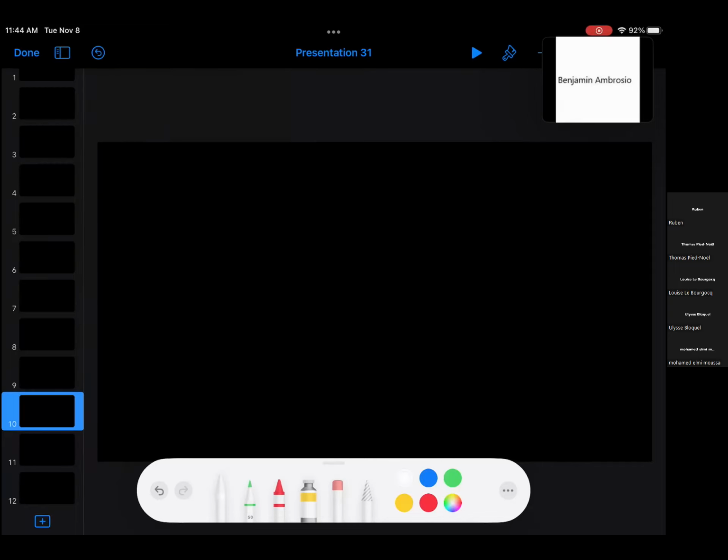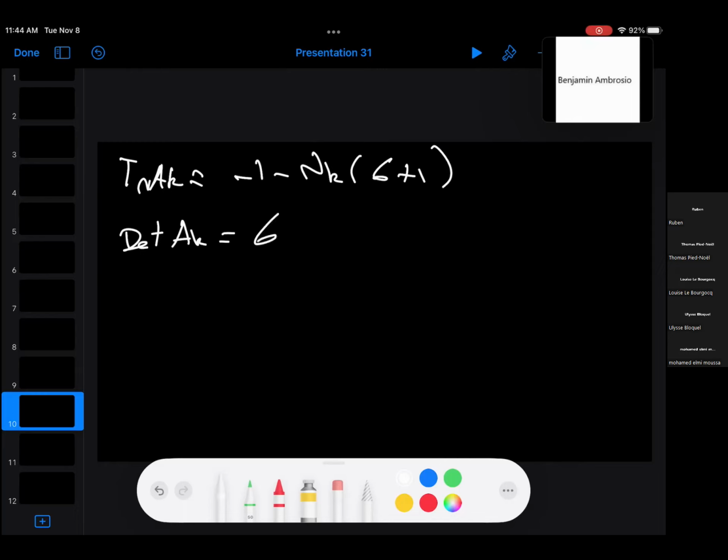So as a reminder, my trace of A_k is -1 minus lambda_k sigma plus 1. My determinant is, for example, sigma lambda_k^2 plus lambda_k plus 1 minus lambda_k.